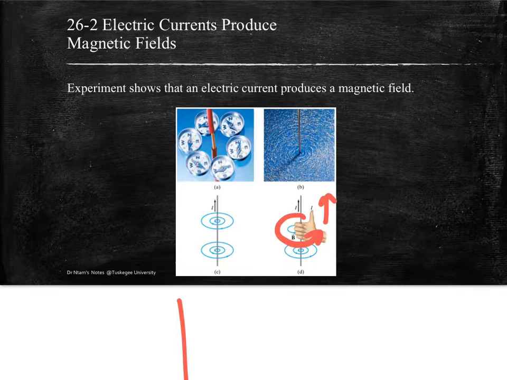So in this case, with the current going up, you would say that the magnetic field is oriented in this direction.